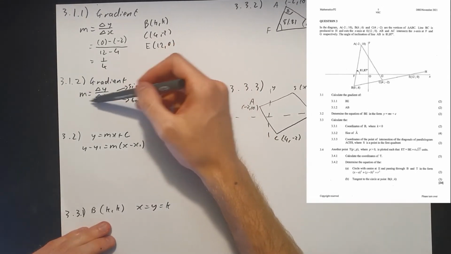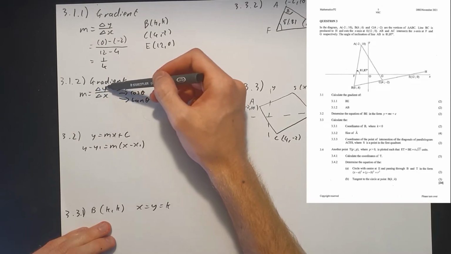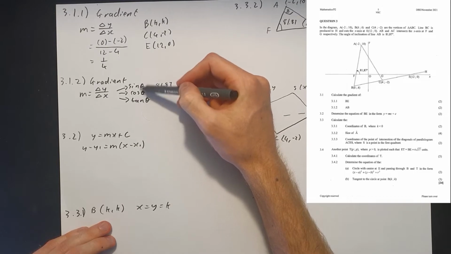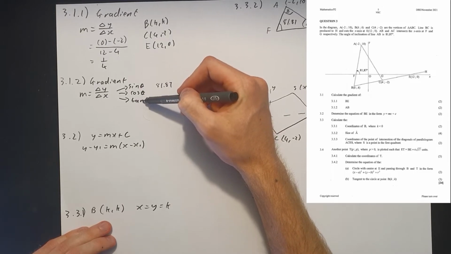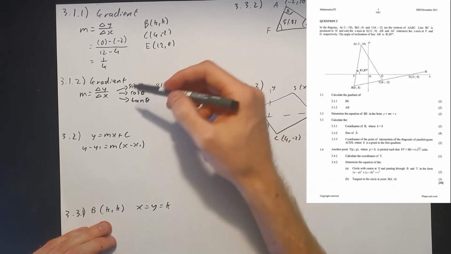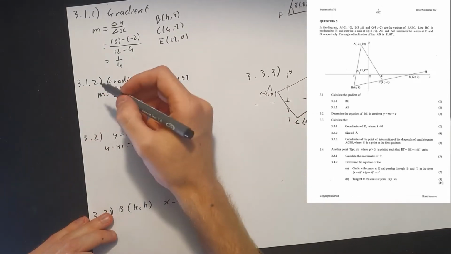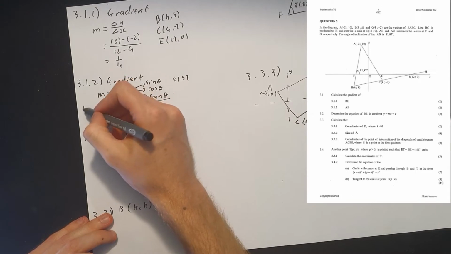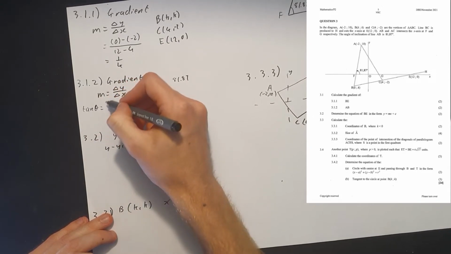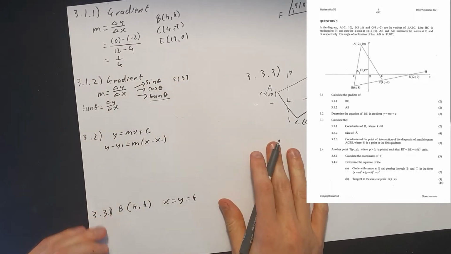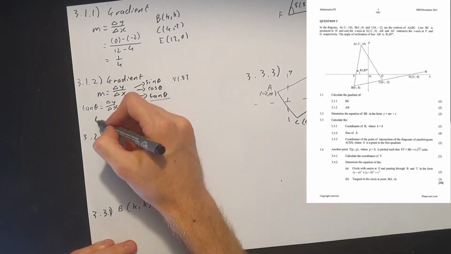Now if we look at the formula of gradient, it's the change in y over the change in x. So now if you go and check which one of the following trig functions has the same ratio, you'll see that tan theta equals the same ratio. So we have that tan of theta equals the change in y over the change in x. Now in order to solve for theta, we get theta on its own.